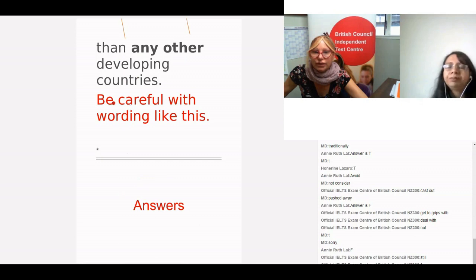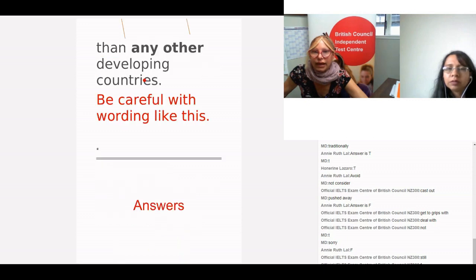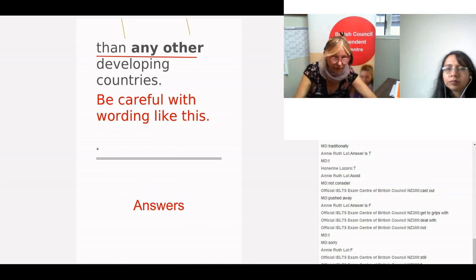So I just wanted you to be careful with wording like this, and I'll show you the words: better than any other developing countries. So this is really quite an extreme statement, what we call an extreme statement.